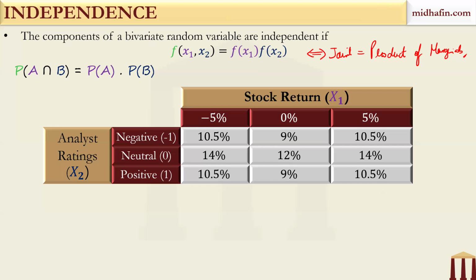But in this case, we are talking about the components themselves. What are the two components? We are talking about stock return x1 and analyst ratings x2. So there are only two components. There is no third component, Nitin. Understood? That is the idea. So just a small perception error over here. Got it? Okay.